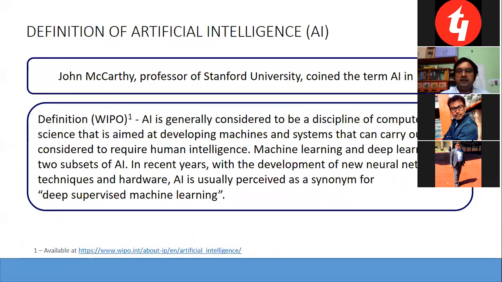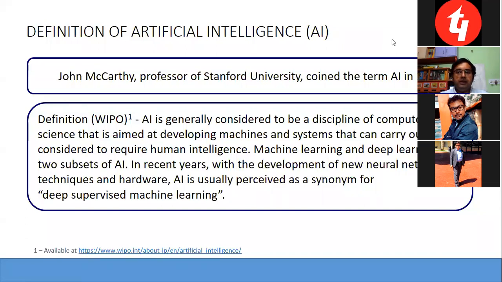So let us understand the definition of AI. This term was coined in 1955 by Professor John McCarthy of Stanford University. The World Intellectual Property Organization has defined AI. There are multiple definitions of AI.